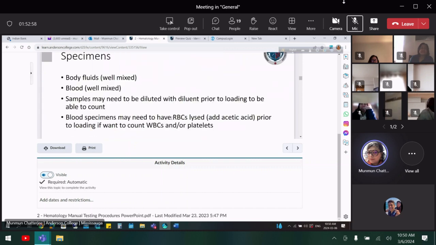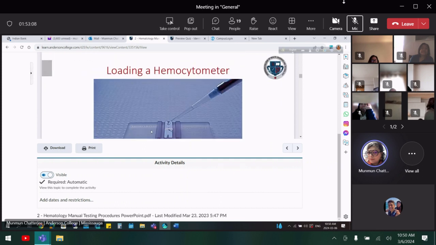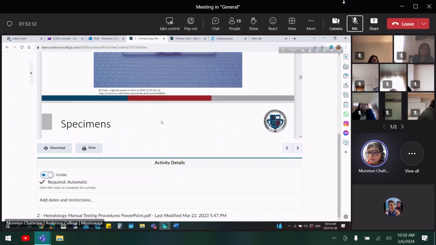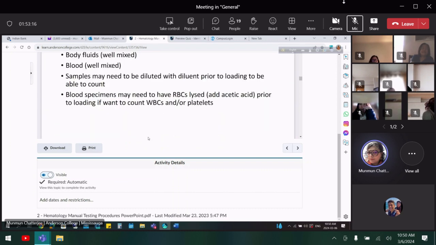Body fluids, blood, or other samples may need to be diluted with the proper diluent prior to loading, because if it is too thick, the cells are going to overlap. If the sample is diluted, you multiply by the dilution factor. Blood specimens may need to have the RBCs lysed for doing the WBC count.